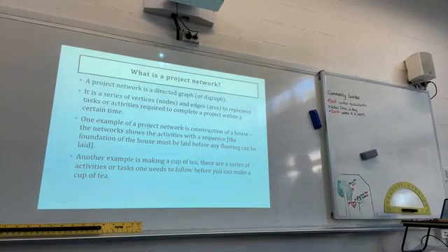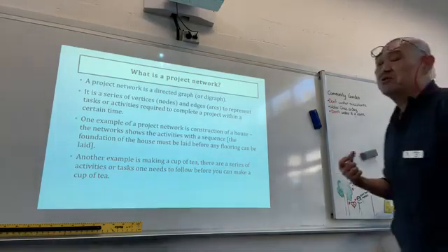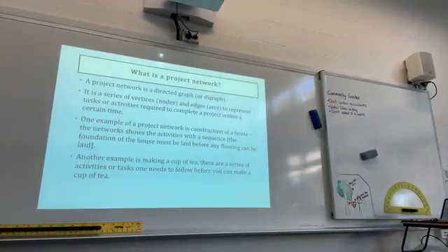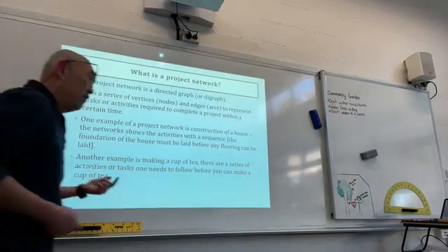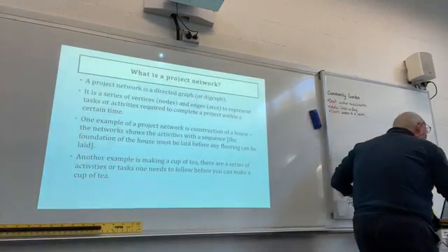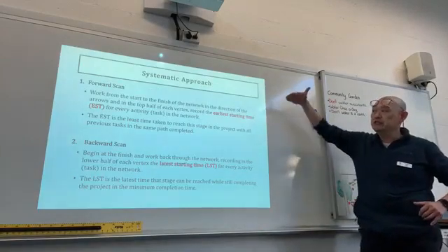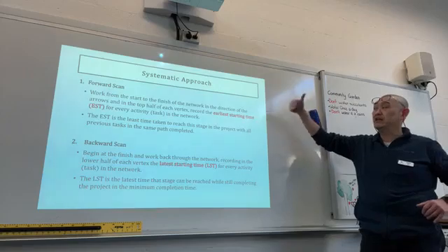It's a series of vertices, nodes, or edges, arcs to represent tasks or activities required to complete the project within a certain time. I've given you an example, construction of a house or making a cup of coffee. Now, on Friday, I showed you forward scan, which is a systematic approach to find the EST, the earliest start time.